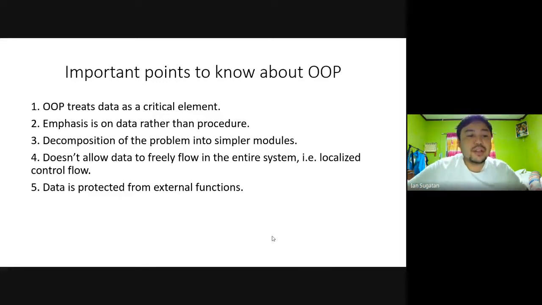Number four, it doesn't allow data to freely flow in the entire system. For example, localized control flow. A localized control flow, for example a flow chart, is where you can determine the key points of an object or the processes being done. If there are conditional statements, you would go on to have choices.